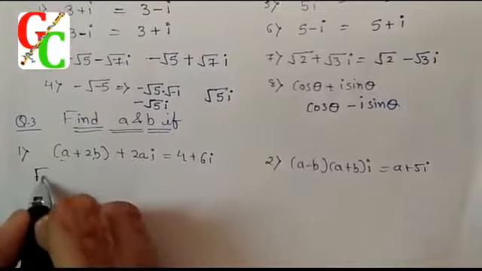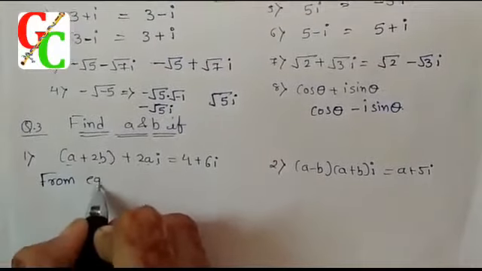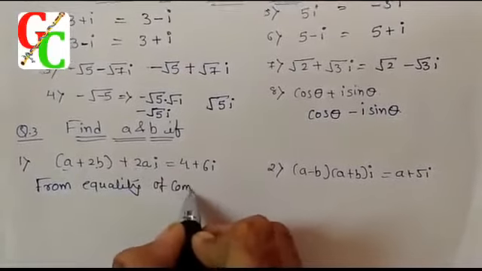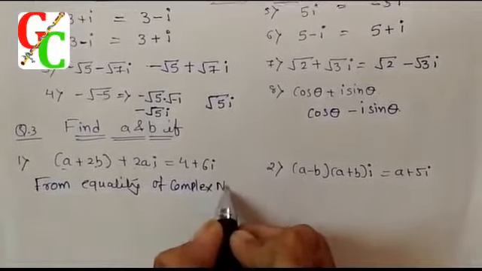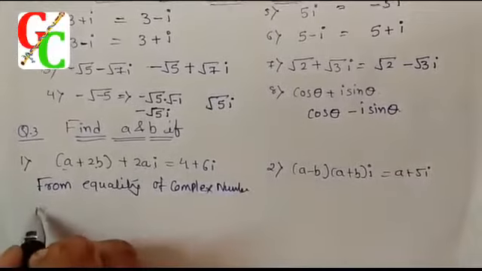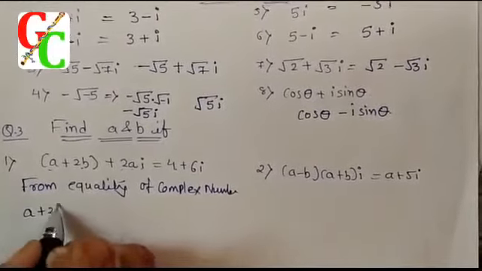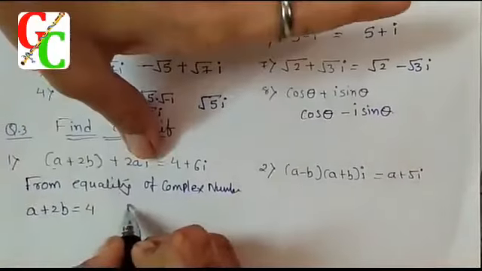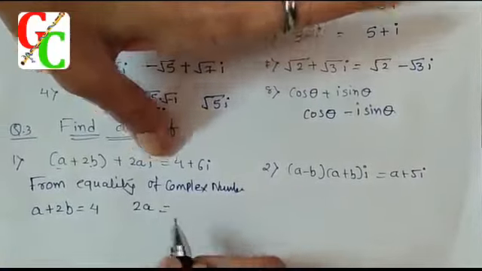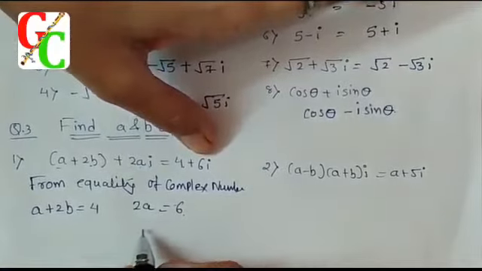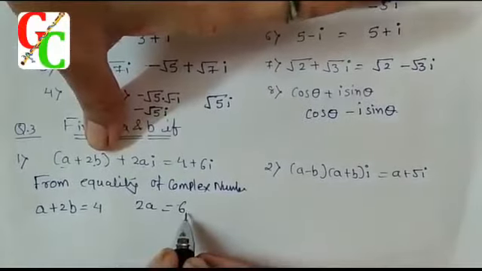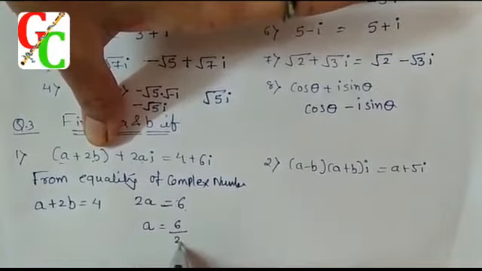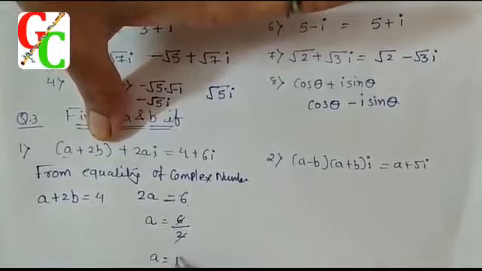So now from equality of complex numbers, a plus 2b is equal to 4 and 2a equal to 6. So we first find the a. 2a is equal to 6, so a equal to 6 upon 2. So our a is 3.